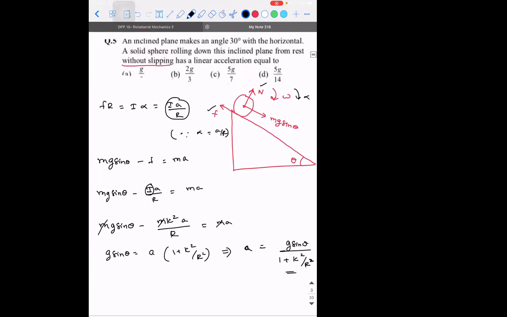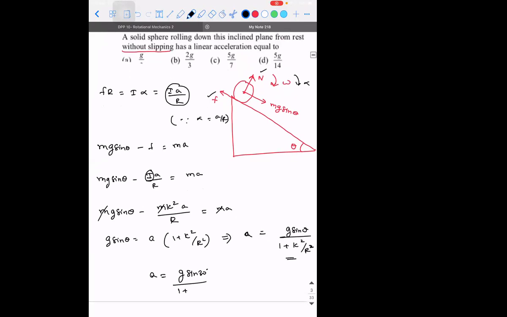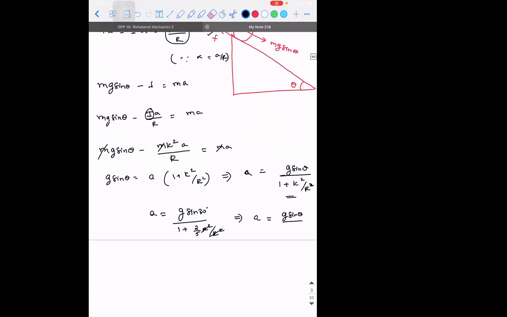So according to this question, what is the value of theta? 30 degrees. Divided by 1 plus k square, how much? It's a solid sphere. So k is root of 2 by 5 into r. So k square will be 2 by 5 times r square. You have an r square in the denominator. This and this will get cancelled. So a will be equal to g sin 30, that is g by 2, divided by 7 by 5.